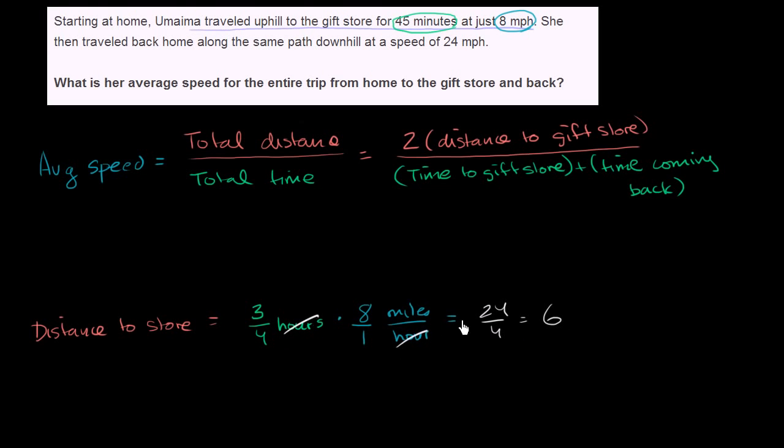And units-wise, we're just left with miles. So the distance to the store is 6 miles. 2 times the distance to the gift store is going to be 12 miles. 12 miles is the total distance she traveled.